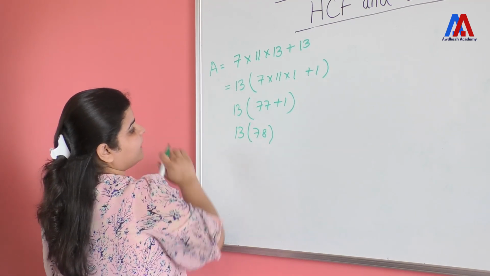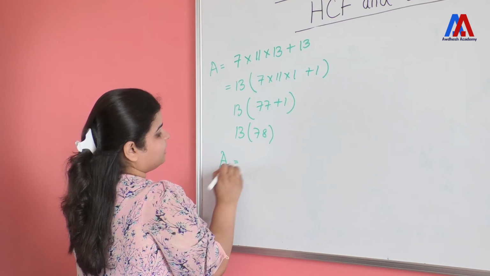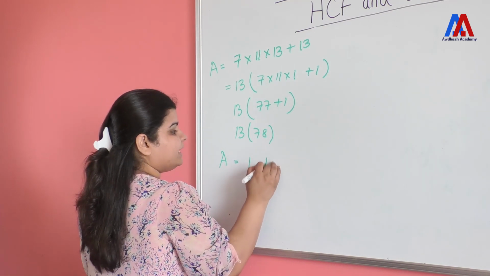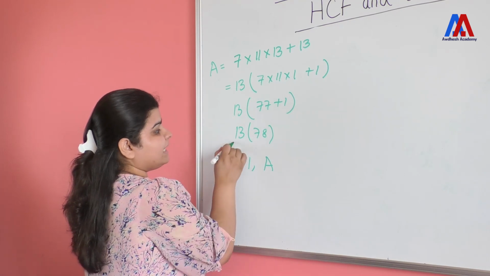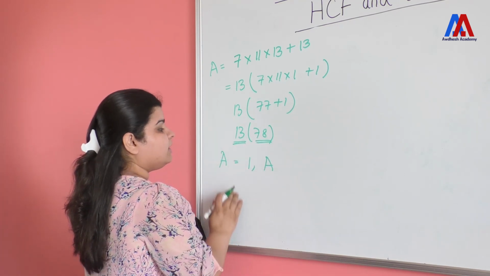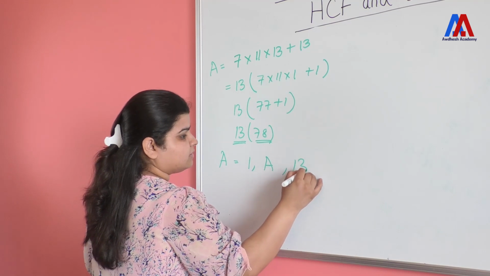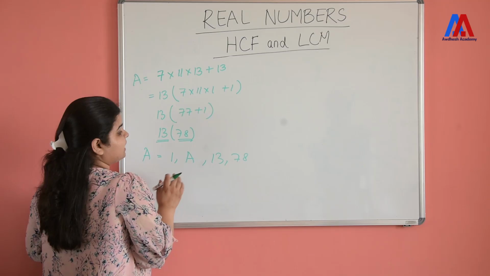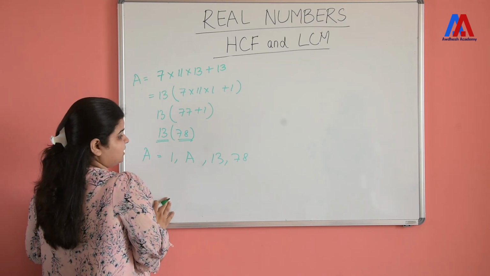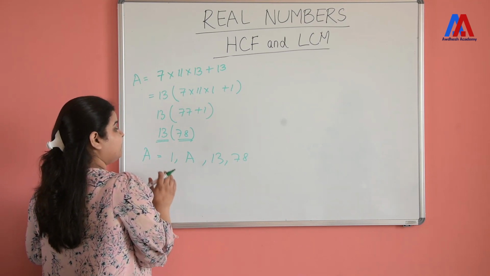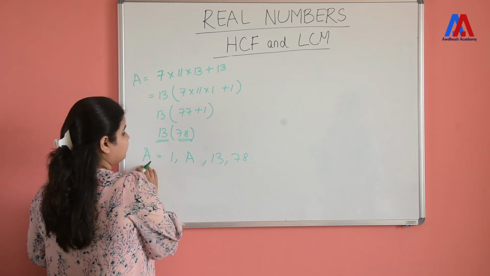Now, this number a will always have 1 and a as its factors. Now, we also find that 13 and 78 are also its factors. Now here 78 is a composite number. So we'll have many more factors of a.